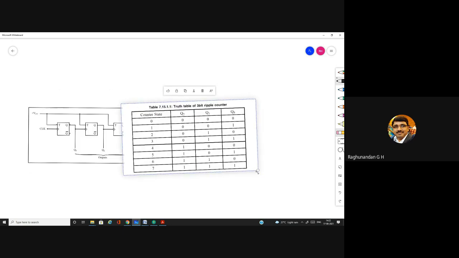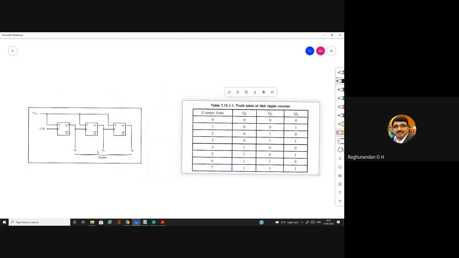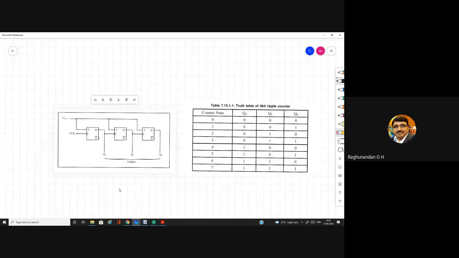Basically, whenever we want to count something, such as the number of bits which have passed a particular device, or in a general example, we can use this counter to find out how many persons are entering a particular room or a hall.